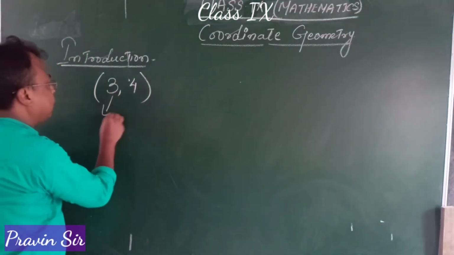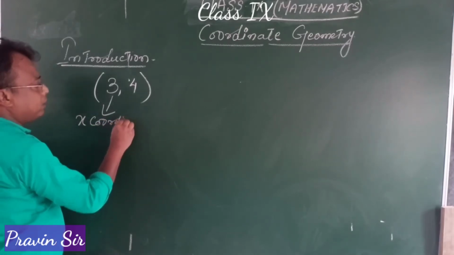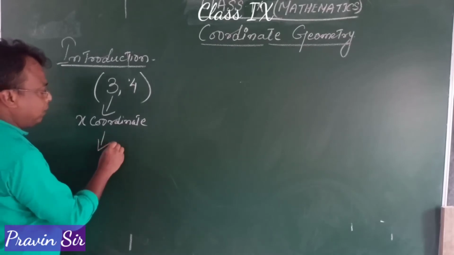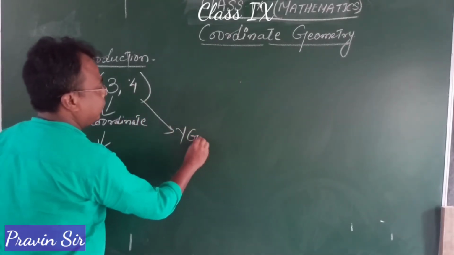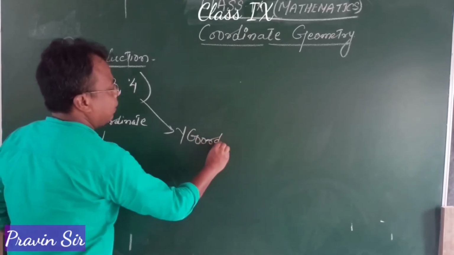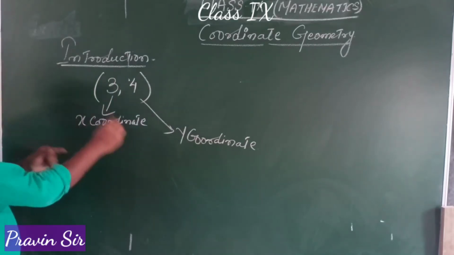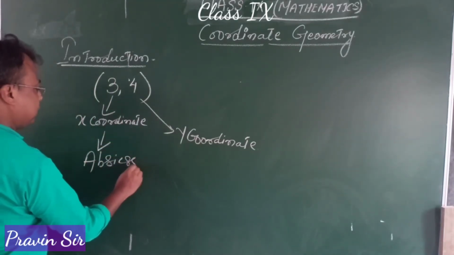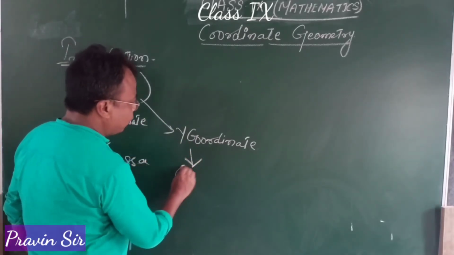This one is called the X coordinate, and this is called the Y coordinate. Another name of the X coordinate is abscissa, and the other name of the Y coordinate is ordinate.